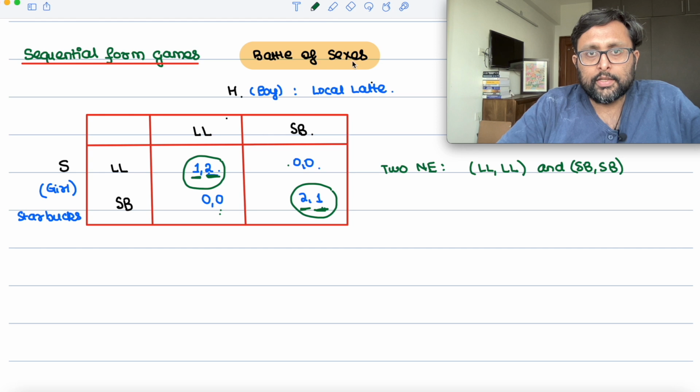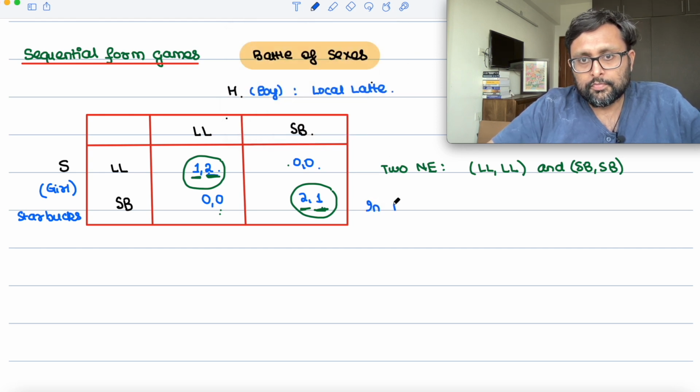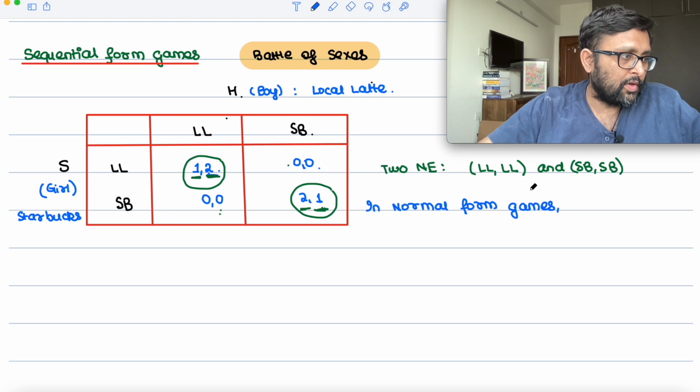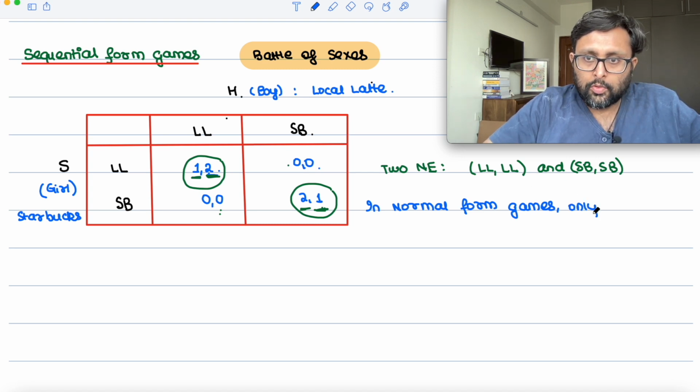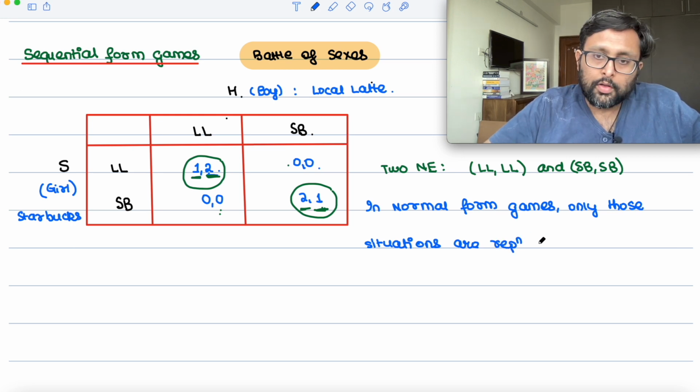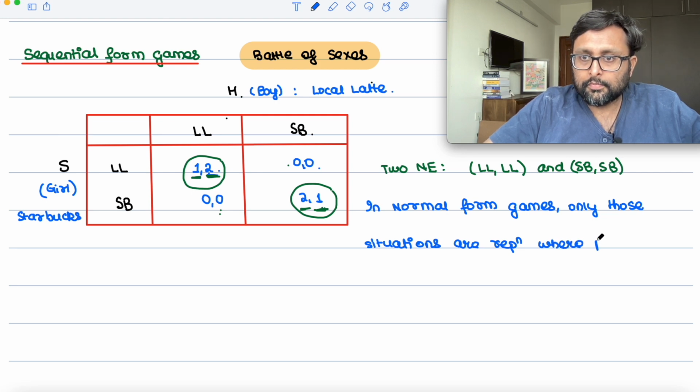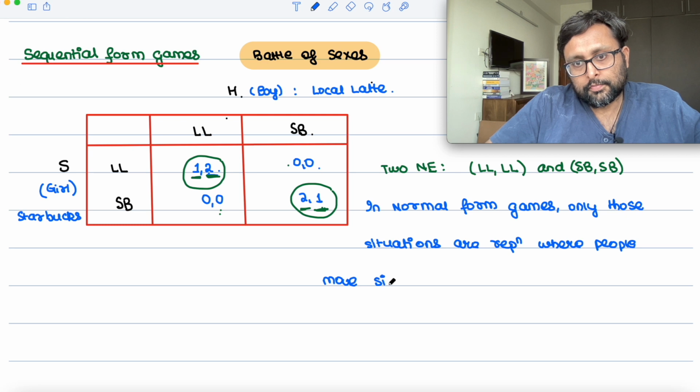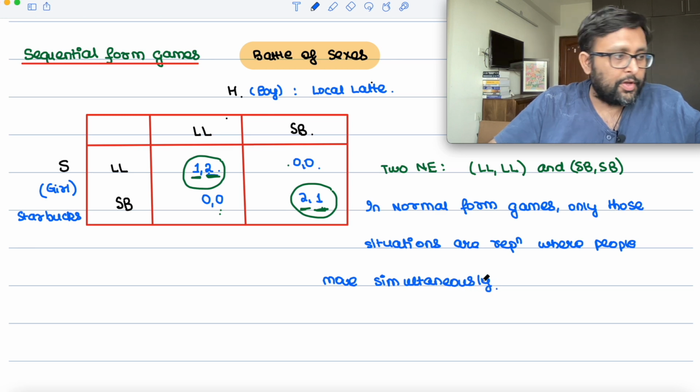So please write this: in normal form games, only those situations are represented where people move simultaneously.